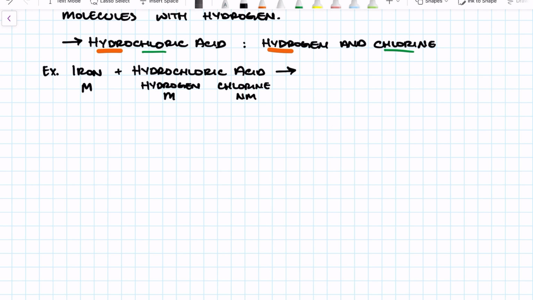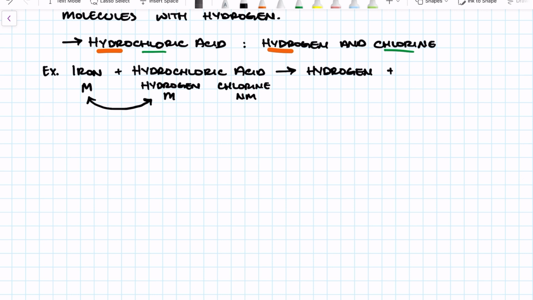So now think about the two that switch. The two that switch are the iron and the hydrogen. So what are you going to be left with? Well, on this side, you're going to start with hydrogen. And then on the other side, now you have iron and chlorine.